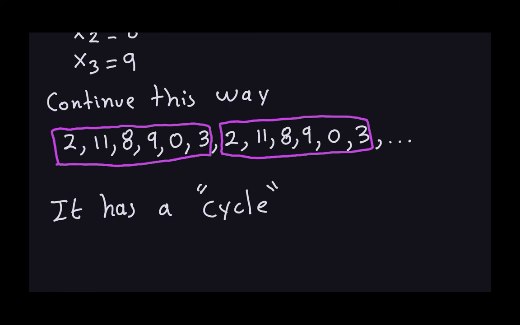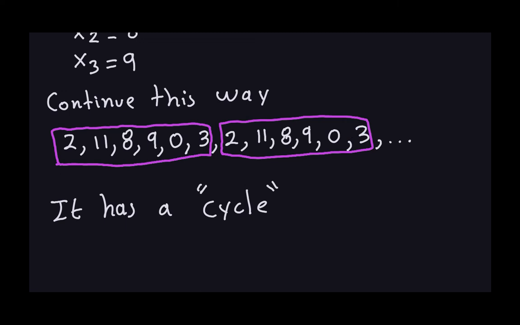But if the period is long enough, say about 1,000 or a million or 100,000 million, then in real applications, like when you have to model something, it won't matter that you have a cycle. The problem with this particular example is that the cycle is very short. It has 6 numbers.